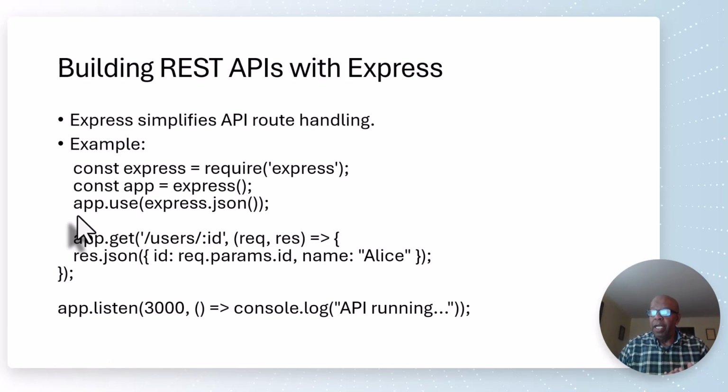Okay, building APIs. Express simplifies the API route handling. This is just code where we're basically getting a user based on providing the user ID. Here, we're requiring Express as a component. This is where we're defining that, and here's where we're bringing the JSON part of Express into the application.